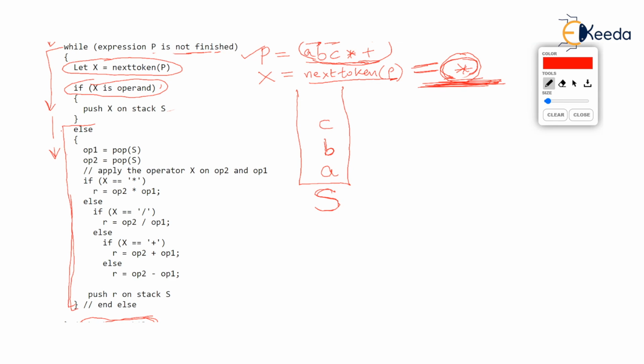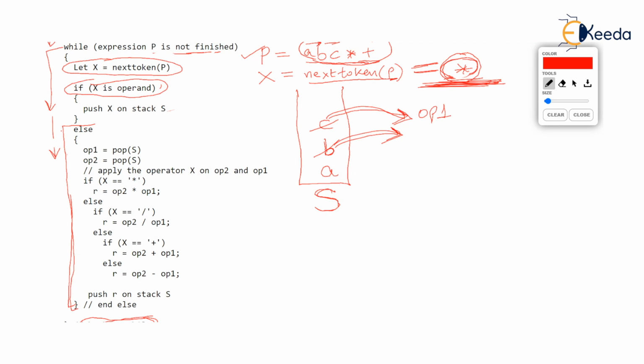We execute two pop operations back to back. So the first pop, if we execute pop the first time, we are going to get C out of the stack. And the second pop, we are going to get B out of the stack. And C and B will be lost from the stack because we have popped them. If we say that op1, just a variable like xyz, I have named the variable as op1.